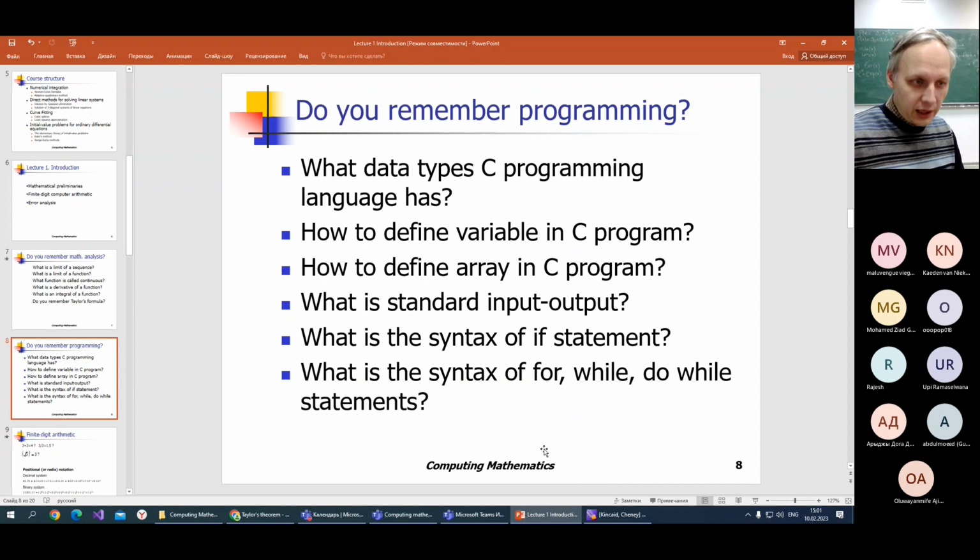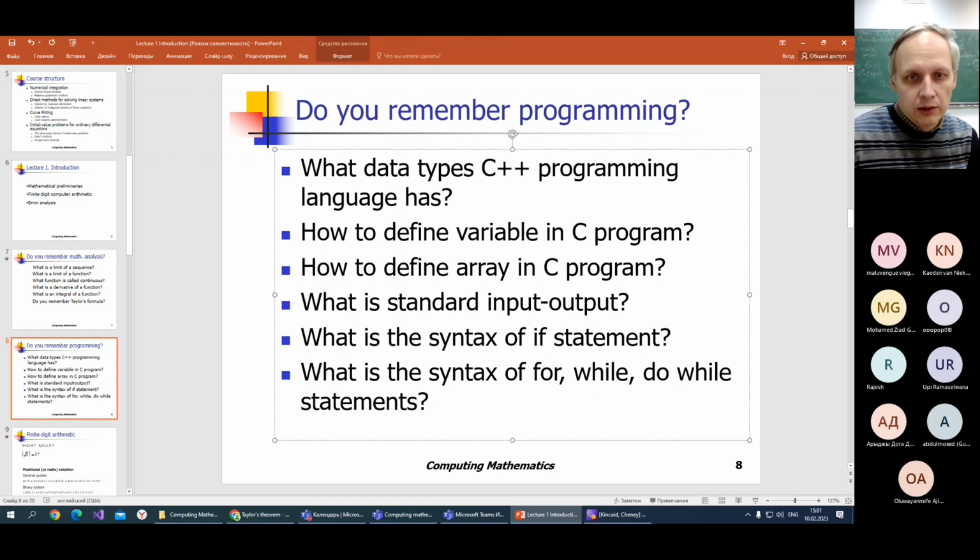And I repeat that during our lessons we will not write programs at every lesson. Maybe I ask you to write programs for simple algorithms, but you should review it. You can use C, C++, Python, Java, any language that you want.